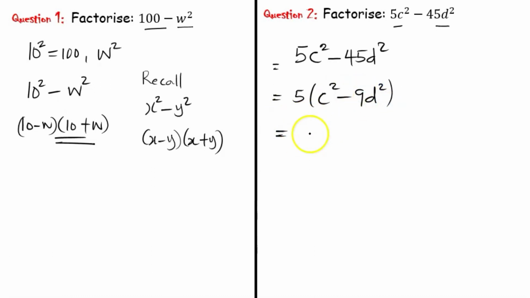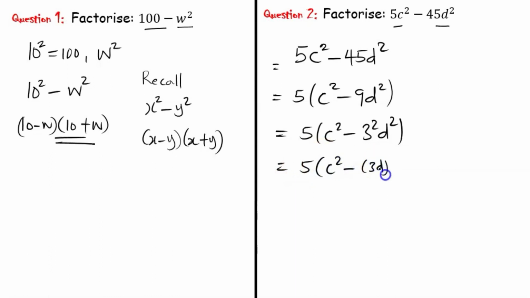If we do this, we see that inside the bracket can also be expressed further as c squared minus 3 squared d squared, which can also be written as c squared minus 3d squared. Alright, so inside the bracket we can see difference of two squares. So let's apply the difference of two squares rule.